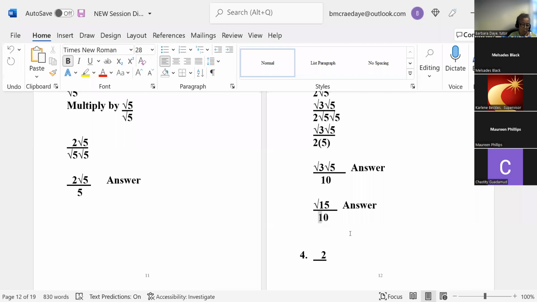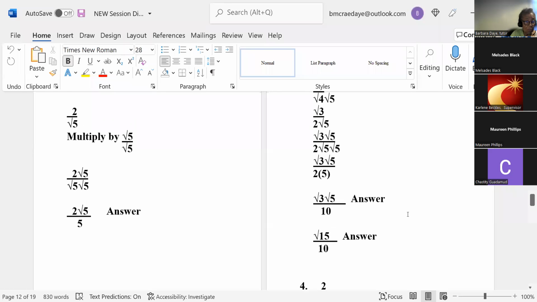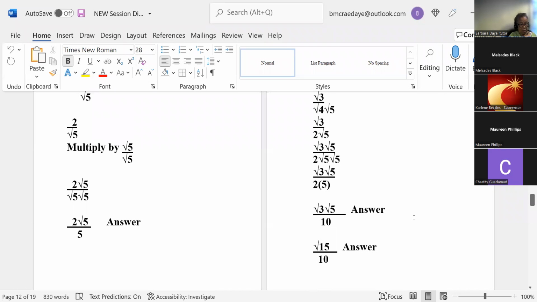You won't get any rationalization on your next homework. We'll do some more practice. But your next homework will definitely have what we've gone over with the simplification of the radicals and also the scientific notation. All right, we're going to stop here.